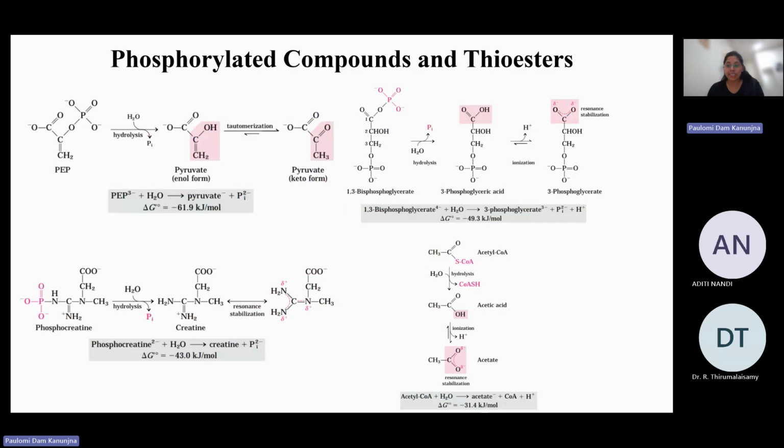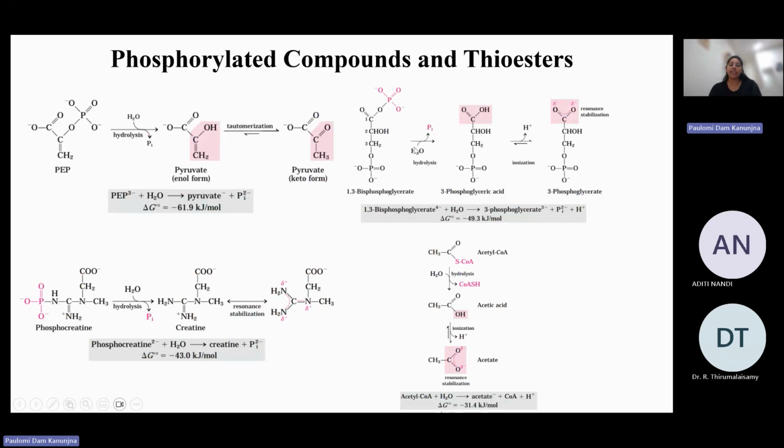If you hydrolyze each of these, you will get a very high free energy change, and these can also be used to drive a reaction. We do see PEP being used as a cofactor for a reaction. PEP gives rise to pyruvate, which tautomerizes and is stabilized, and because of this stabilization you have a very high delta G. Similarly, phosphocreatine gives creatine, which again has a very high delta G. Similarly for bisphosphoglycerate and acetyl coenzyme A.